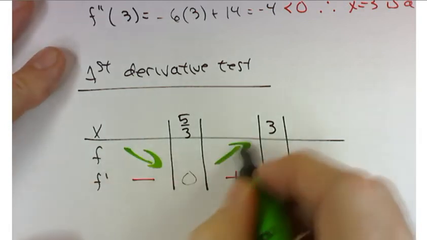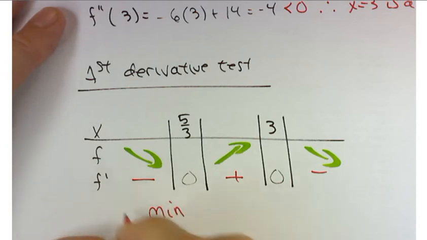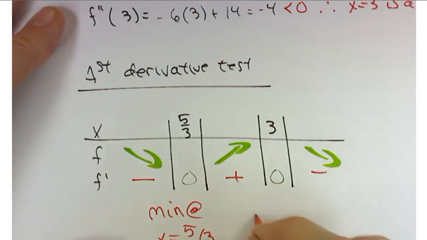So if the function is decreasing and then increasing, what kind of a point does 5/3 have to be? Minimum. So minimum at x equals 5/3, and then a maximum at x equals 3. So that's the first derivative test.